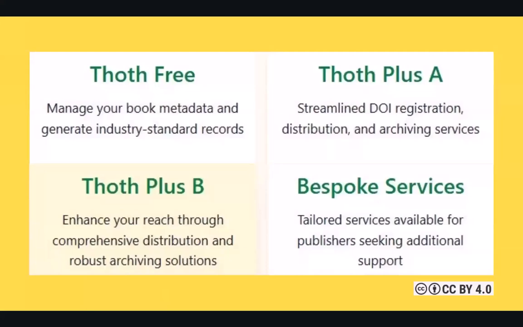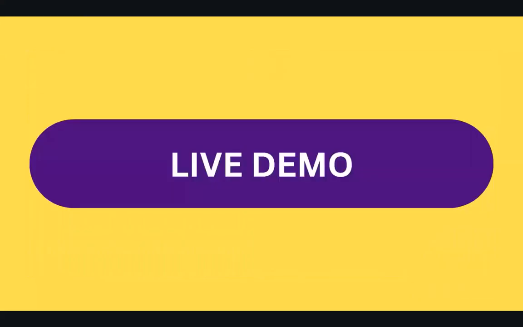So these are the services that Thoth generally provides in open access book publishing, but it does have a free service in which you can request that Thoth create metadata records for your book. It won't do any of the other publishing or streamlining services that it might offer for a paid service, but it will generate all the metadata records at no personal cost to you, the author, which I thought is great to show off.